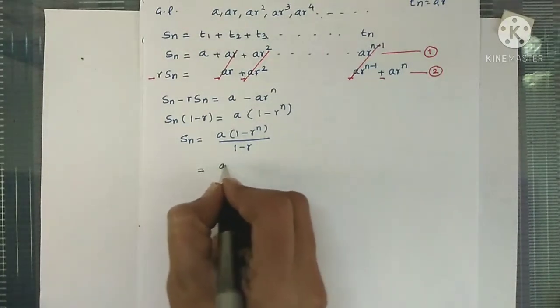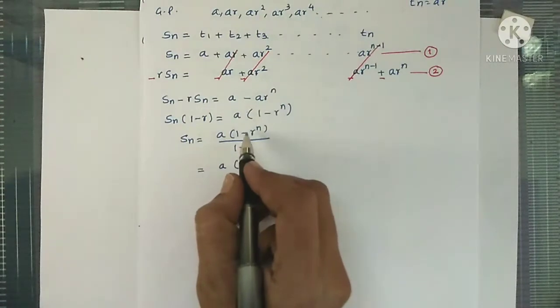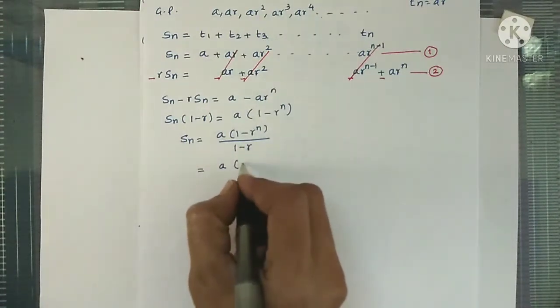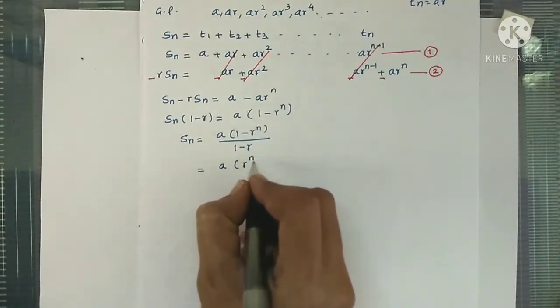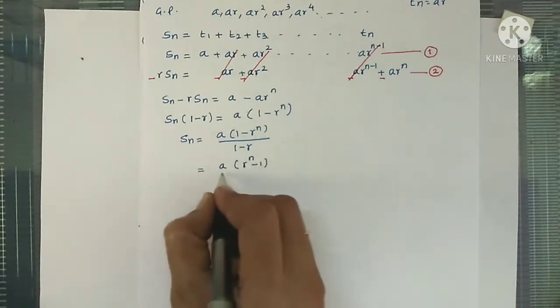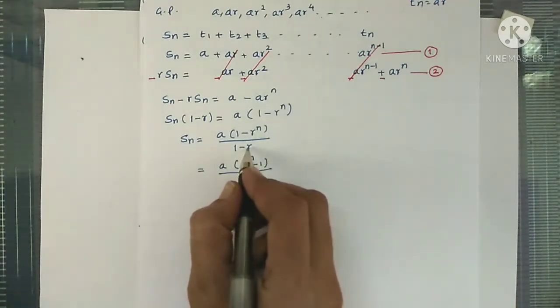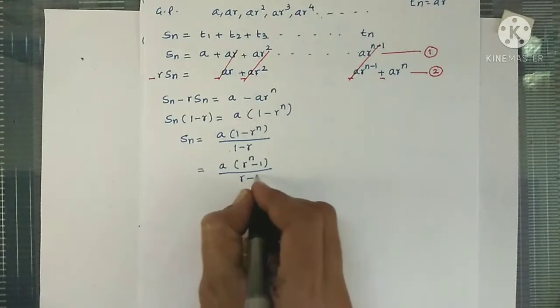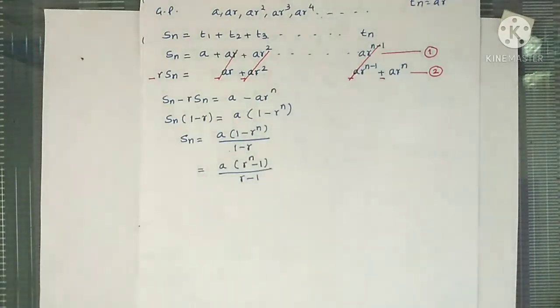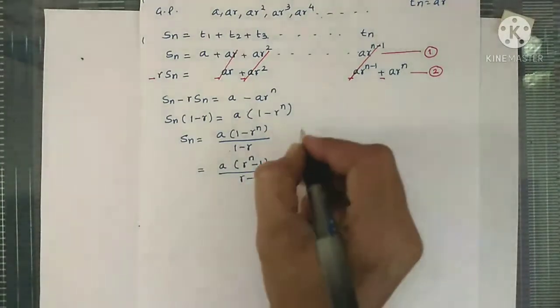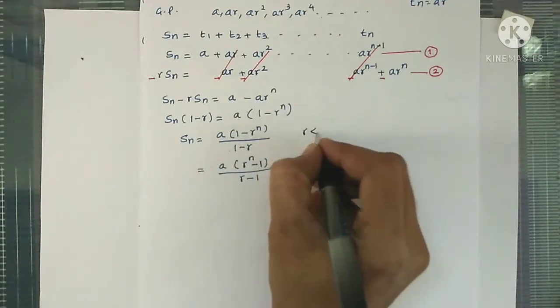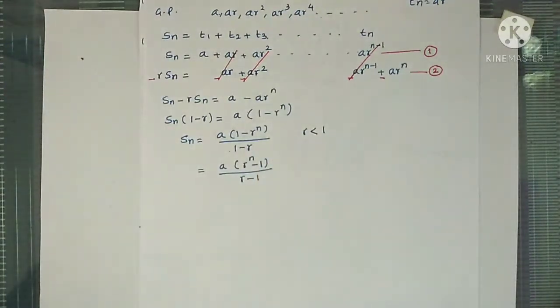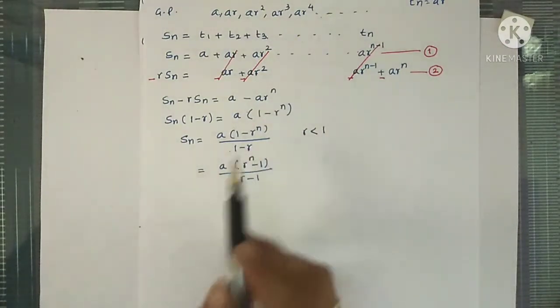Or we can interchange the terms also. Multiplying both numerator and denominator by minus 1, the sign changes for all the terms. So we get R raised to n minus 1 divided by R minus 1, now this becomes positive and this becomes negative. Now why are we writing like this? Whenever R is less than 1, that means 0.5, 0.3, 0.2, 3 by 4, half, 1 minus R will be positive.